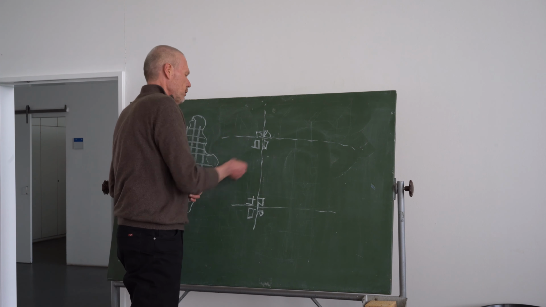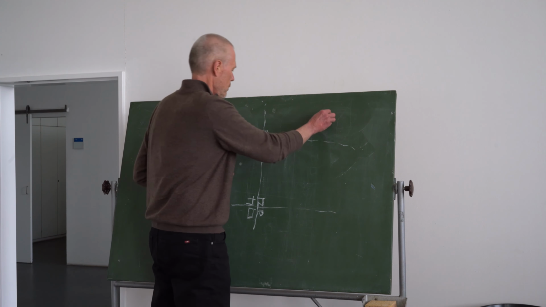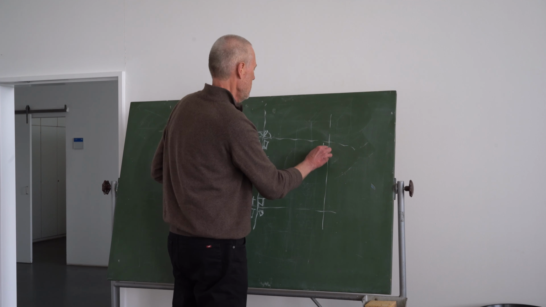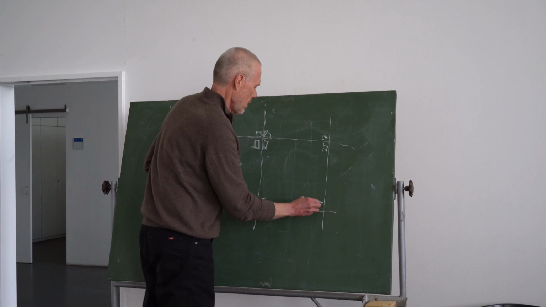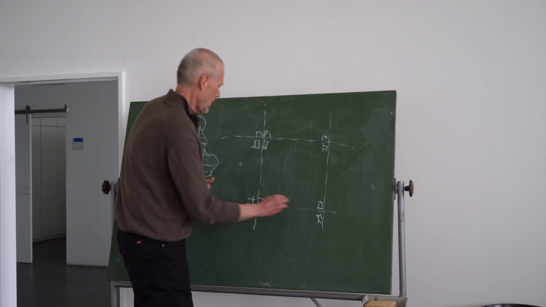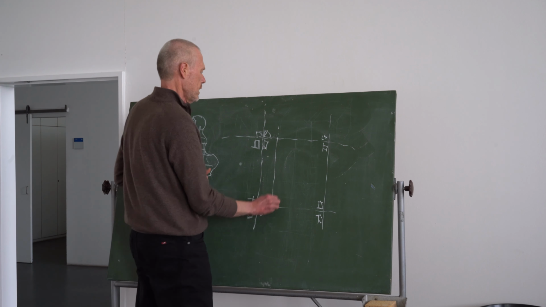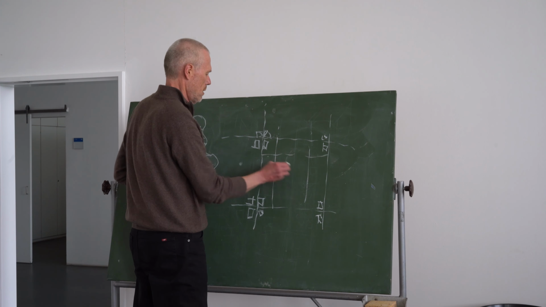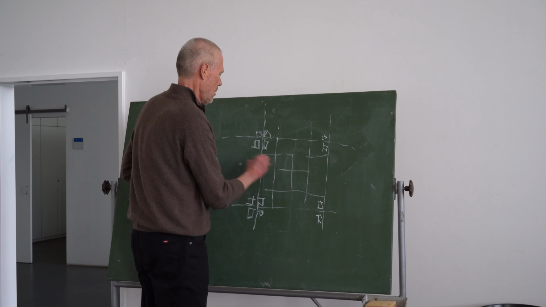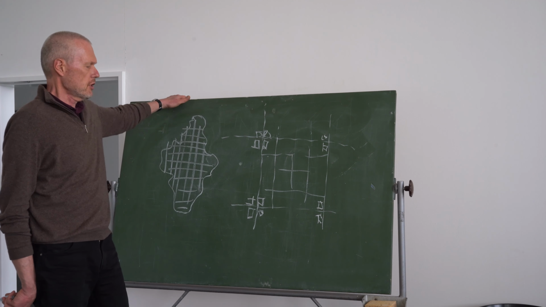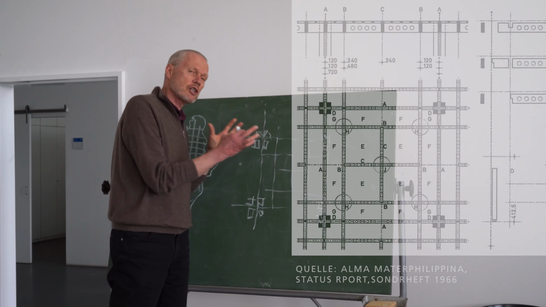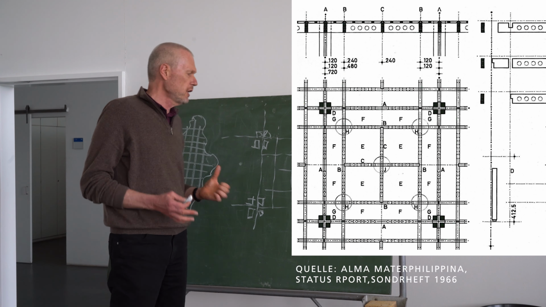It's only a continuation of the primary structure. Here, another column. And then you have secondary and tertiary structures, but all of this is very much adapted to the square grid.